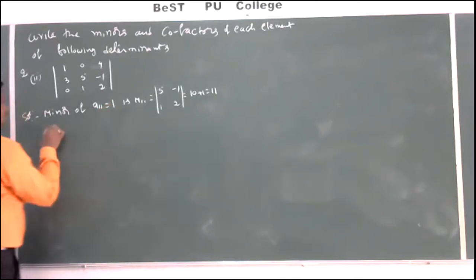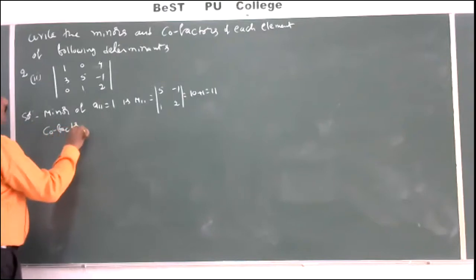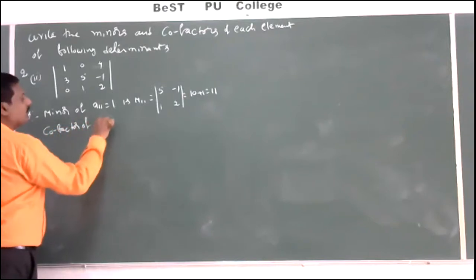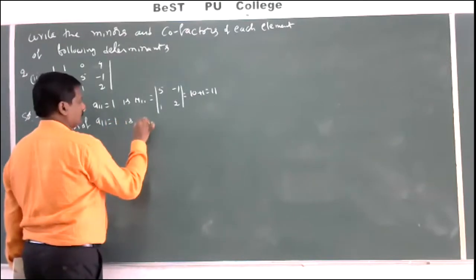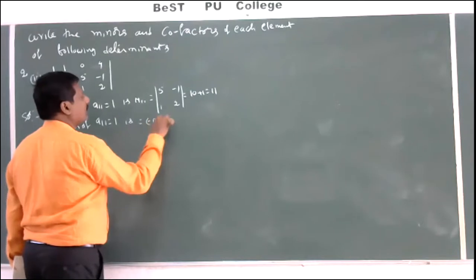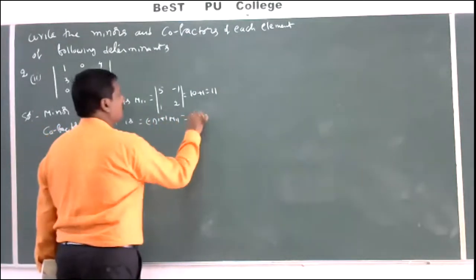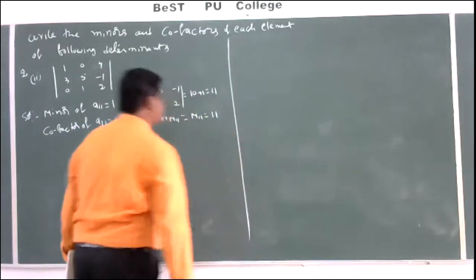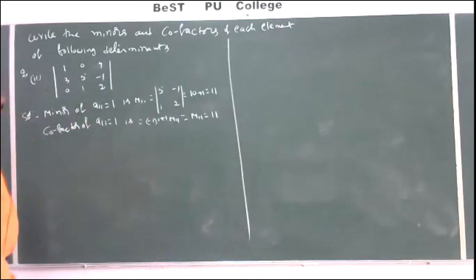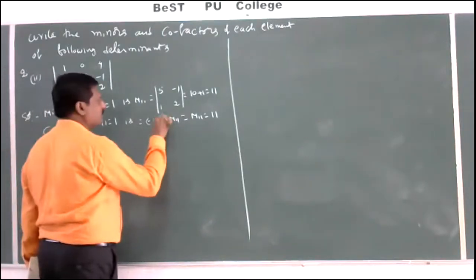Next, the cofactor of a11 equal to 1 is minus 1 whole power 1 plus 1 times M11. This is equal to M11, that is 11. For cofactors, there is no need to write this minus 1 whole power directly.